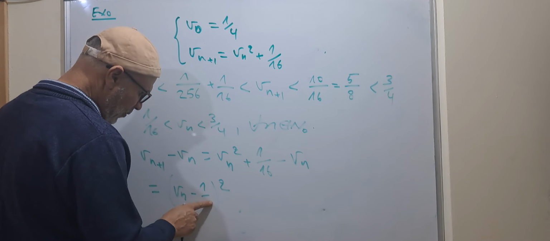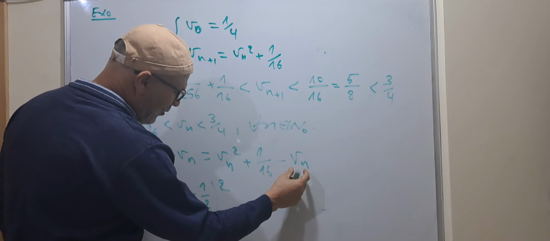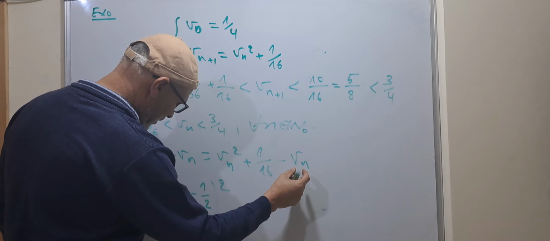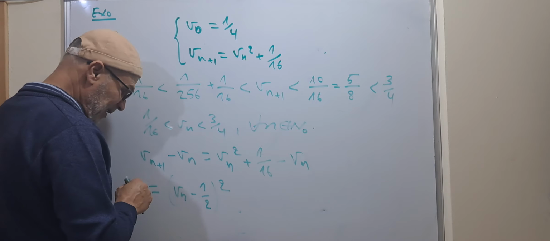So what we can do, we take here just to save this term, Vn minus 1 over 2 power 2.